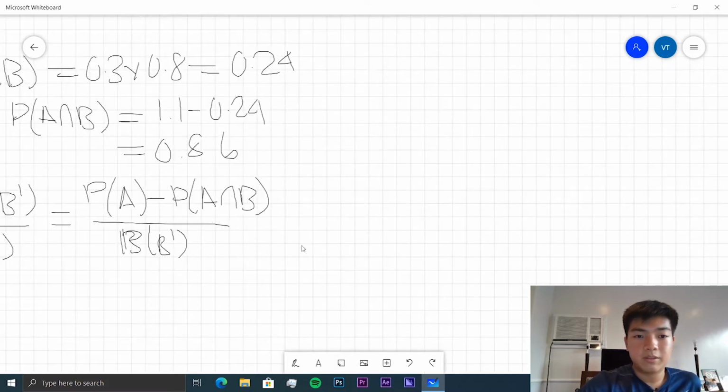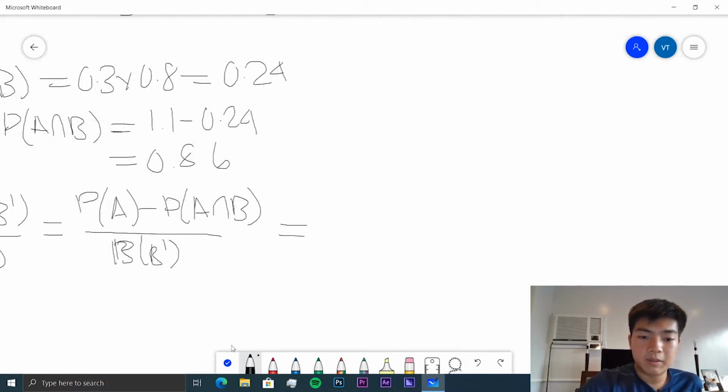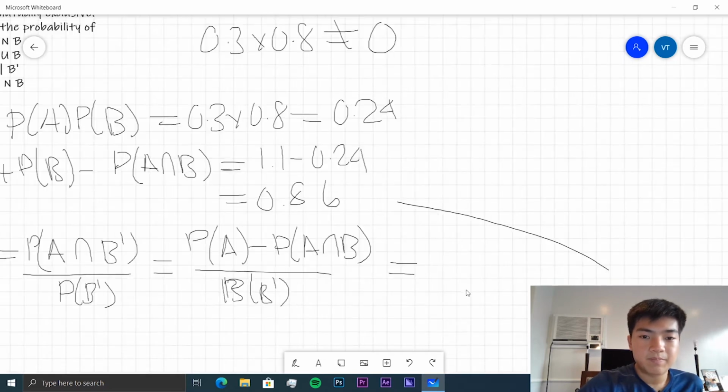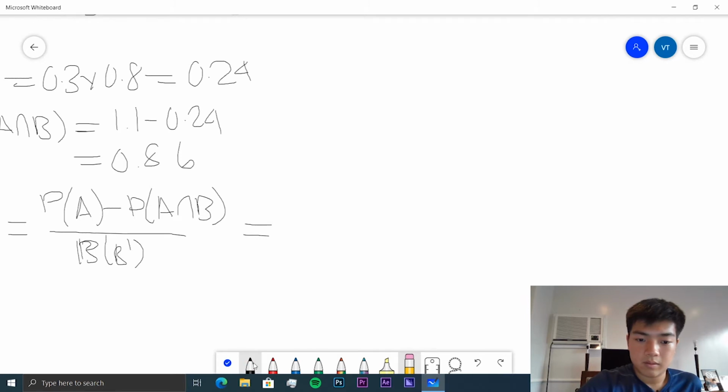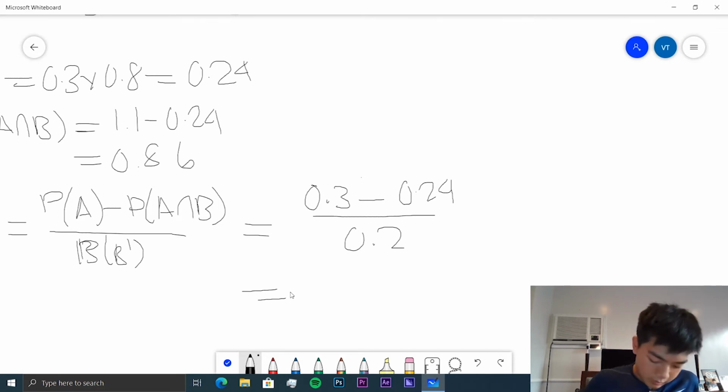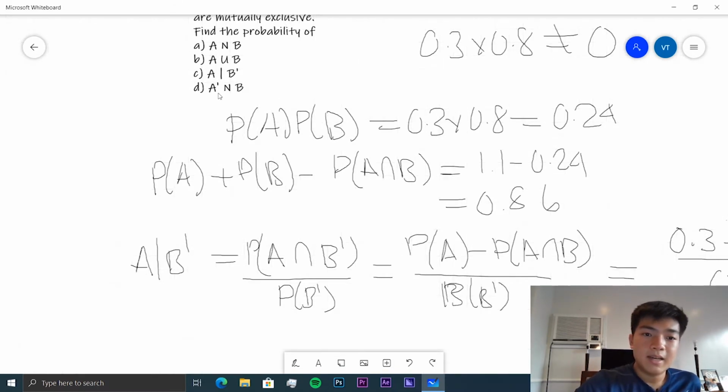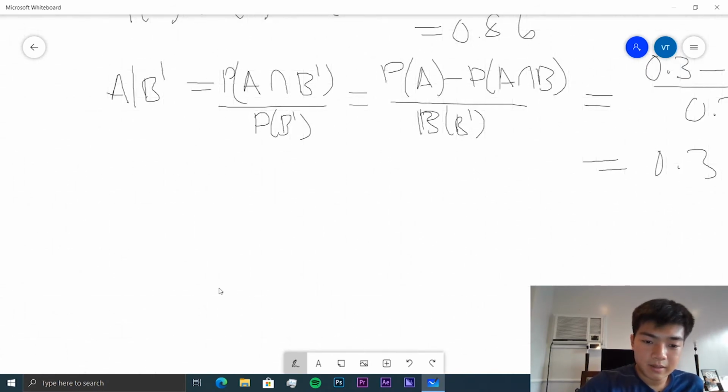So this is equal to the probability of A, was it 0.3? I don't remember. 0.3 minus 0.24 divided by 0.2. So this is equal to 0.06 divided by 0.2, which is equal to 0.3. So that's the probability.